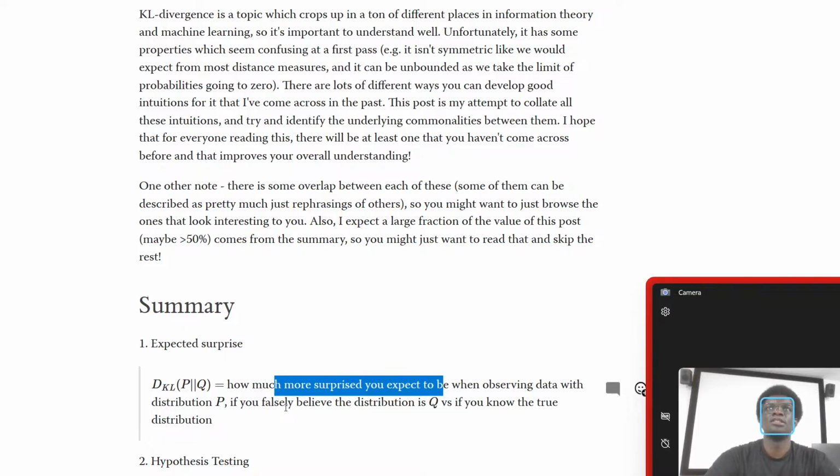No, the entropy is a function of the distribution, but the sum of surprisal is just something that I guess you would observe as you take more and more samples, if you falsely believe that the distribution is Q versus if you know the true distribution.